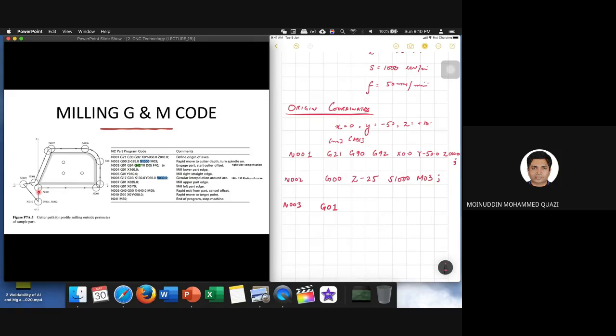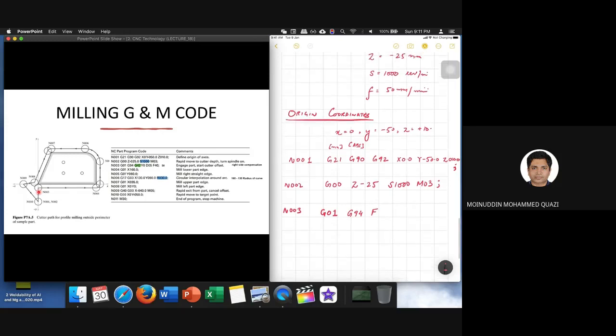When we move and we are doing the milling process, we have to specify the feed and the feed rate unit. So G94 is the feed rate unit, which is in millimeter per minute.